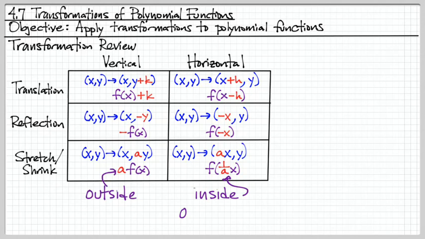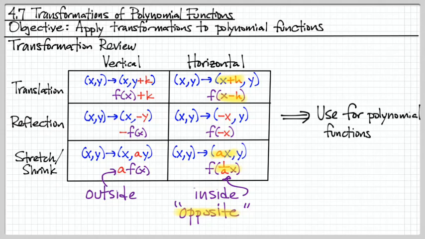And there's this opposite nature to things: in the mapping I'm multiplying x by a, but in the function rule I would divide by a instead. In the translation case, I'm adding h, but to actually achieve that inside the function, I do the opposite, x minus h. We've learned this before. We're going to apply it now to polynomial functions.